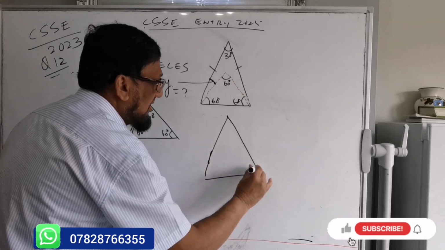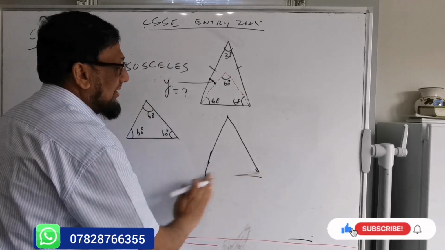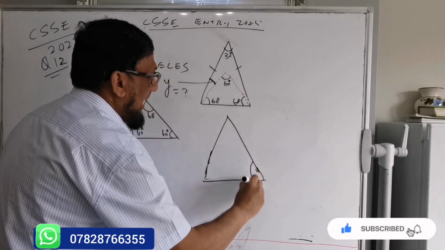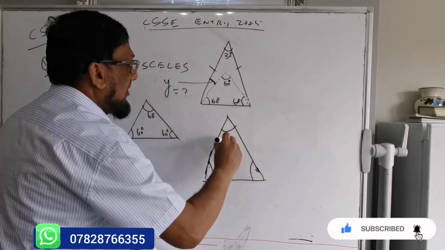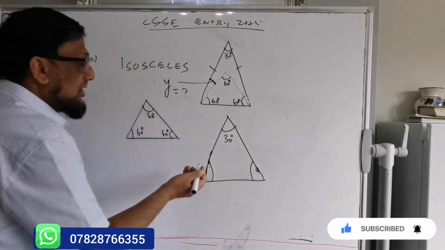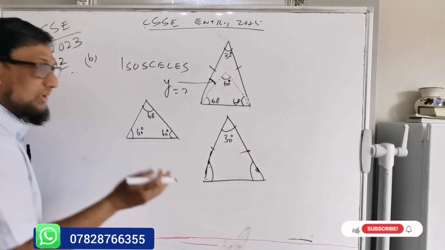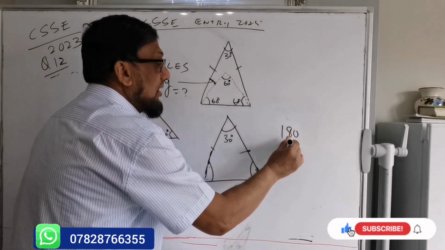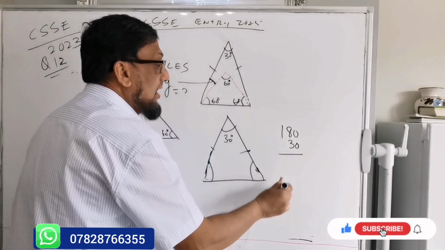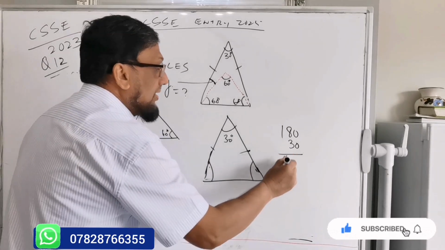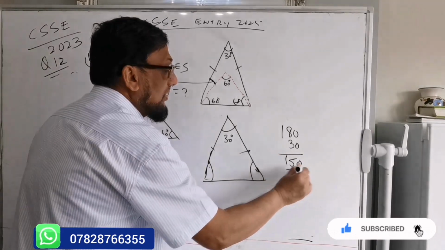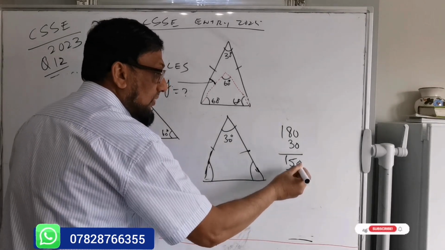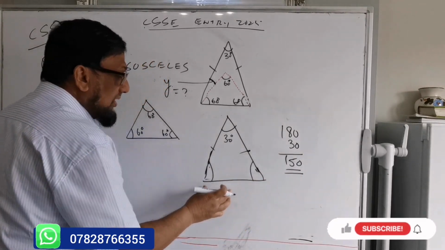This is the isosceles triangle and they are giving you 30 degrees. Isosceles means two sides are equal to each other. So what we're going to do is 180 take away 30, which is equal to 150. So 150 comprises these two angles.